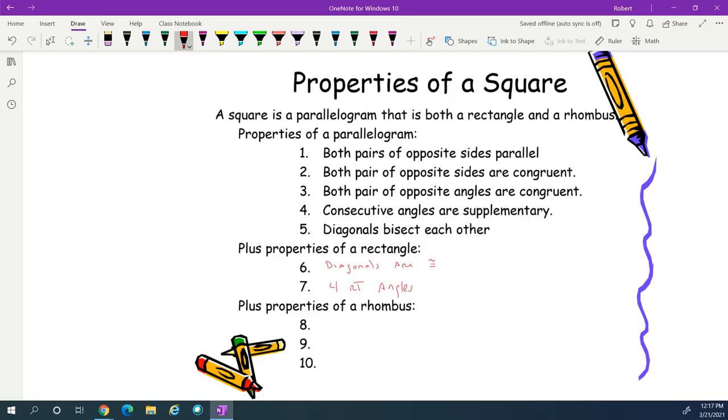For a rhombus, we said the diagonals are perpendicular, the diagonals bisect the opposite angles, and we have 4 sides that are congruent. All 10 of those properties together form our square.